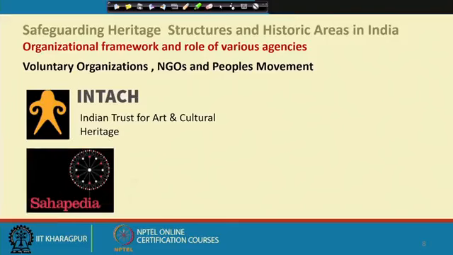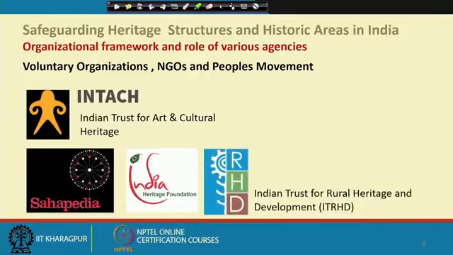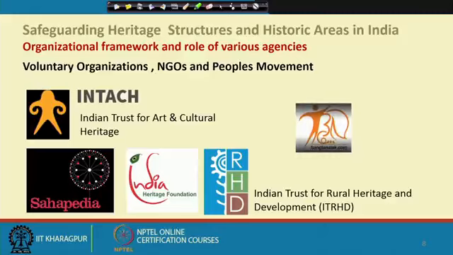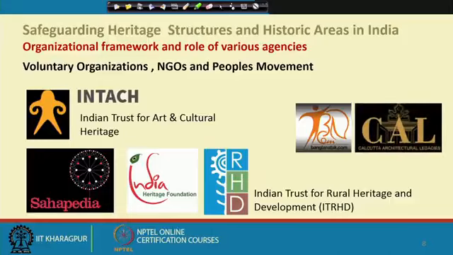So, I have just mentioned two. There is INTACH, there is Sahapedia, but there are also many NGOs who are working for heritage under different aspects. The India Heritage Foundation, the Indian Trust for Rural Heritage and Development. Then locally I know Banglanatak.com in West Bengal, in our region, they are playing a very important role.